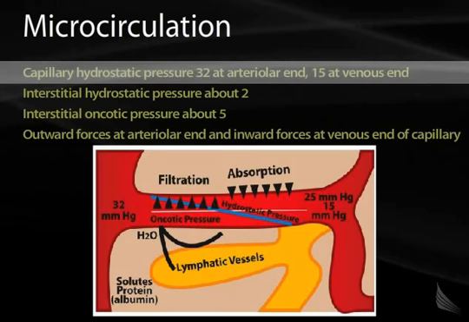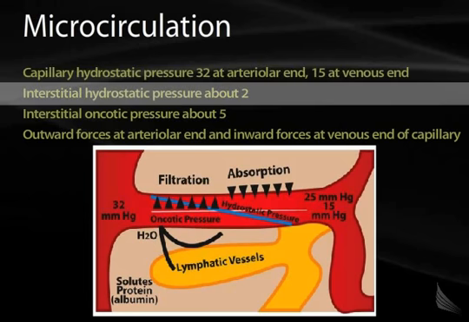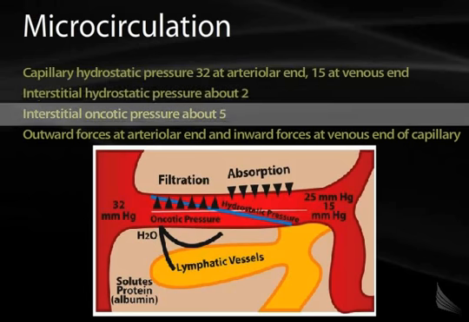The capillary hydrostatic pressure is usually approximately 32 millimeters of mercury at the arteriolar end and 15 millimeters of mercury at the venous end. The interstitial hydrostatic pressure is usually around 2 millimeters of mercury, and the interstitial oncotic pressure is usually low, around 5 millimeters of mercury.